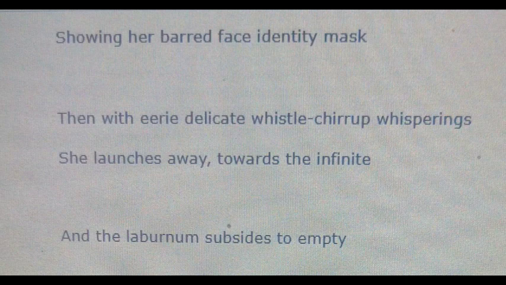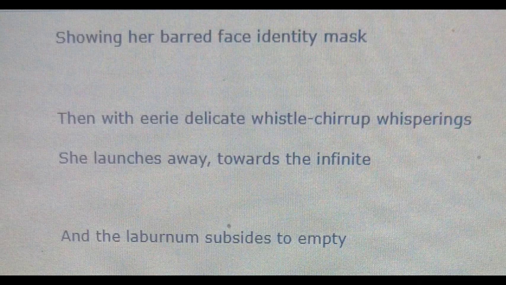Because this bird makes a whistle kind of chirp and high pitched sound, and sometimes it also gets scared. Why? Because she wants to see whether her young ones are protected or not. So here, whispering chirp, she launches away after having noticed that her young ones are okay, safe, protected.